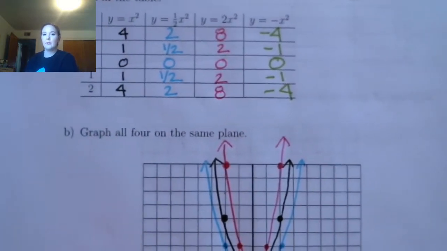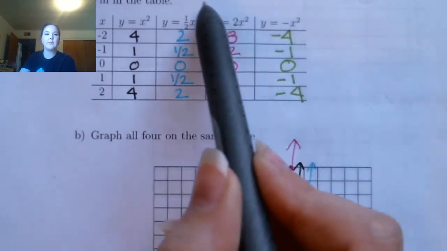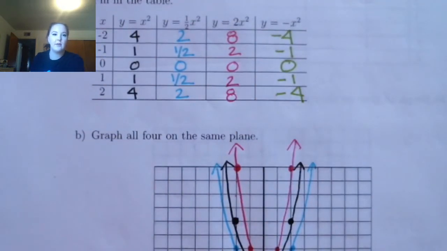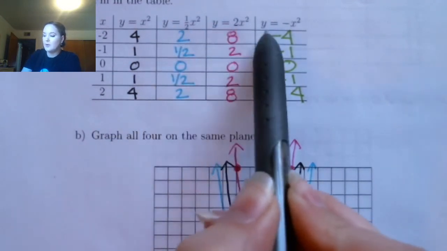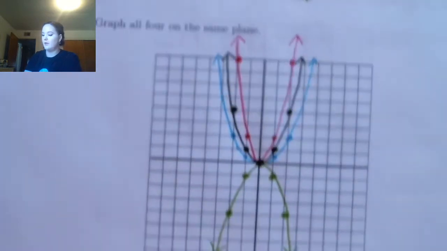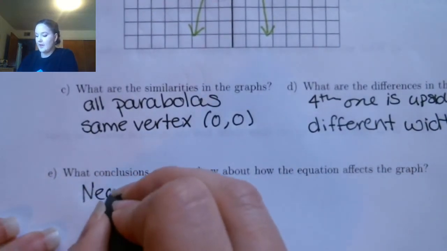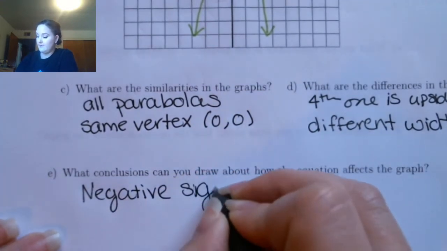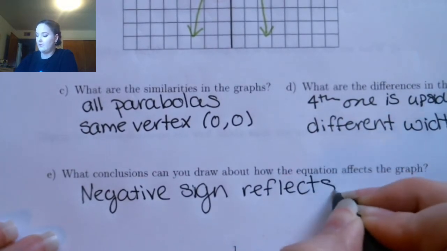When we're comparing the equations, we're looking for something different that would make this last one upside down. I hope you can tell that it's the only one with the negative sign. So we're going to conclude that the negative sign reflects the graph, meaning it flips it over.